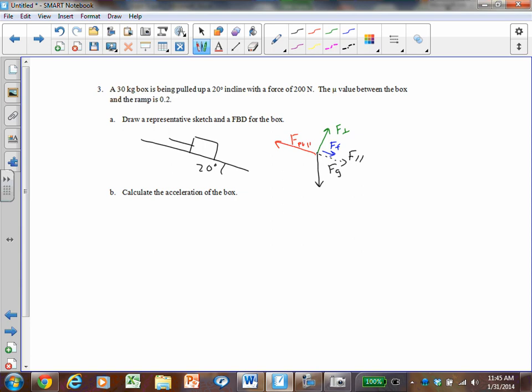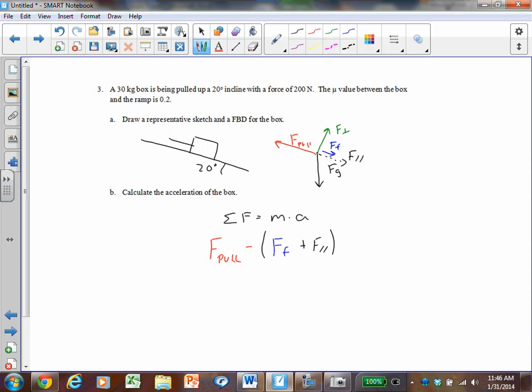Now, the acceleration of the box is based on the forces that are acting in the plane. What's the winner, or the upward force, since it's being pulled up? It's F pull. So that means you have one winner minus two losers, which are what? FF and F parallel.